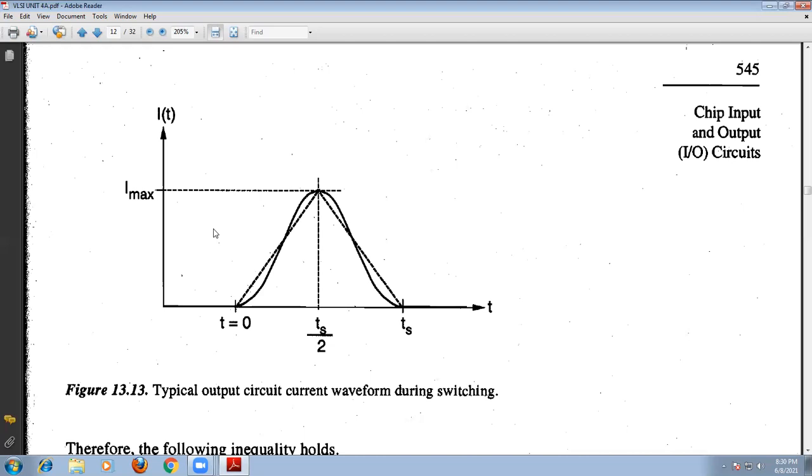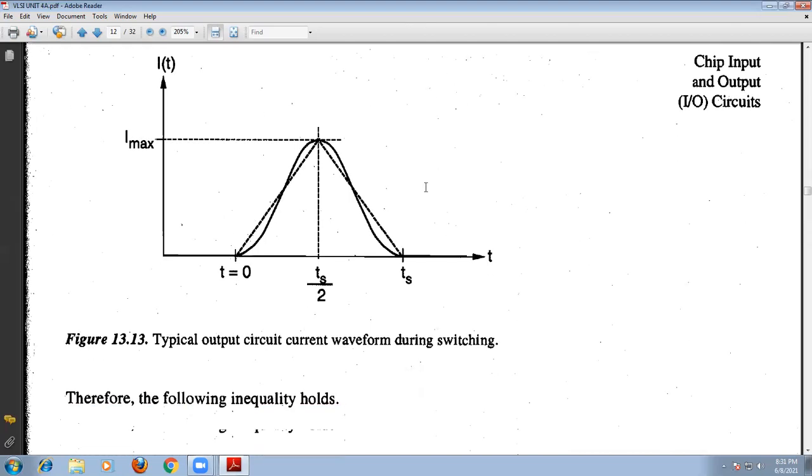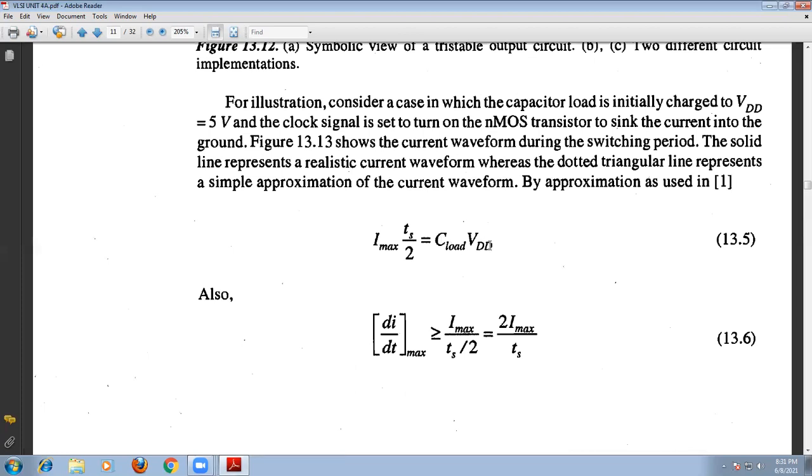For example, we know that the charge in the output capacitance is given by Q equals C into V, where C is the C load and V is the VDD.